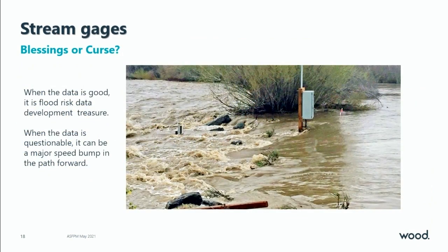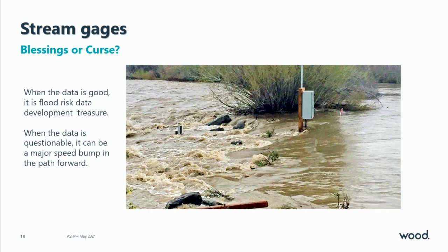Oh boy, you can't miss stream gauges. Stream gauges can be blessings or they can be a curse. If you've got really good data, there's nothing more important. There's not a better treasure chest that you can find than good gauge data associated with a major event. But there's nothing more that'll drive you crazy than questionable gauge data and trying to simulate what's good and what's not good.